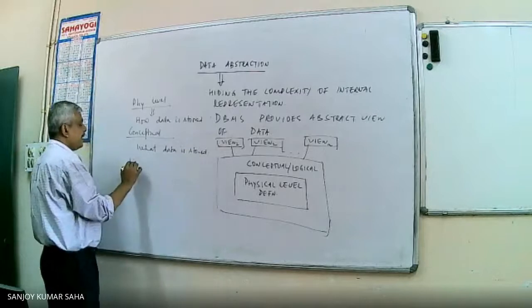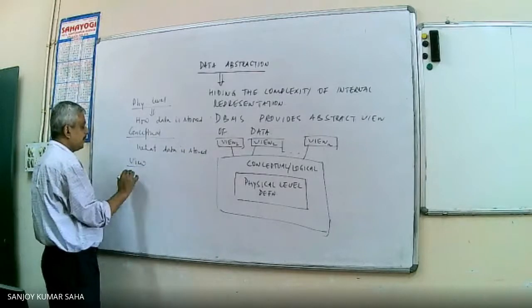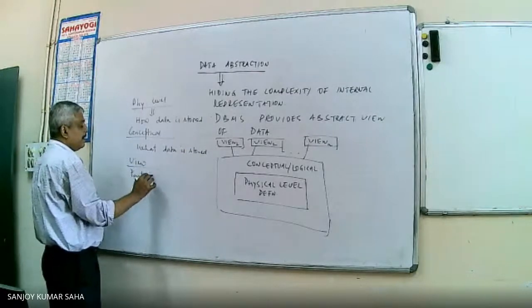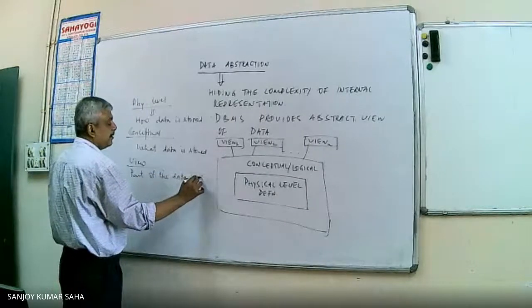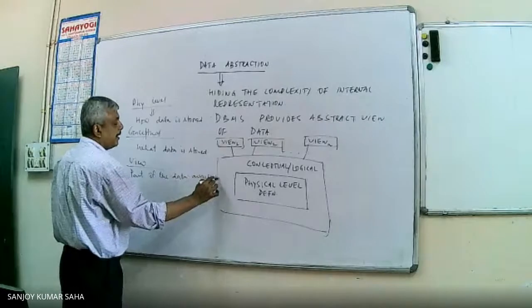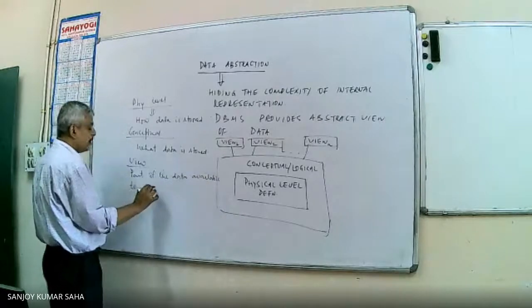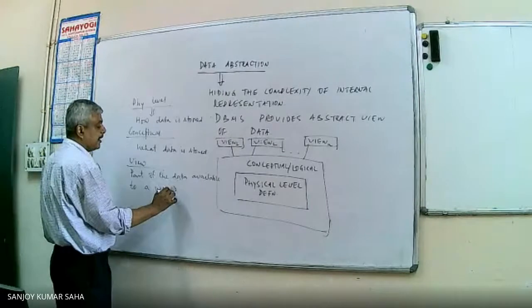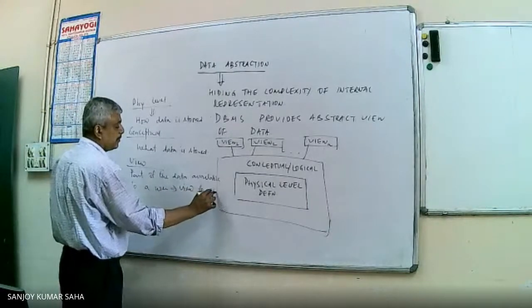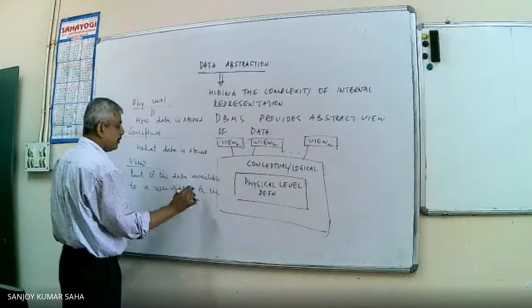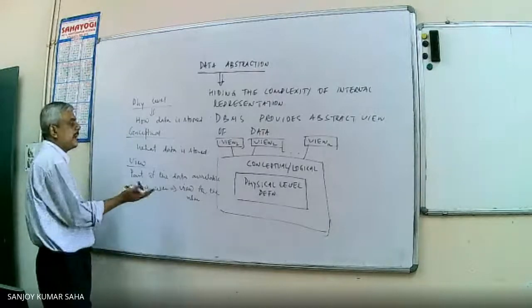At the view level, part of the data available to a user forms the view for the user. So different users may have a different view of the database.